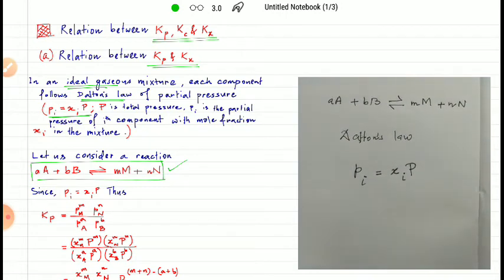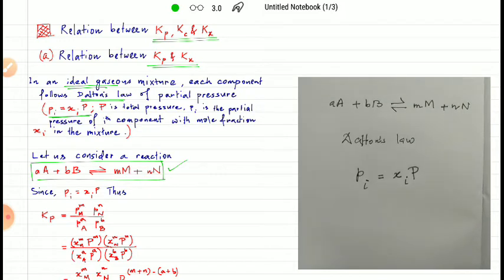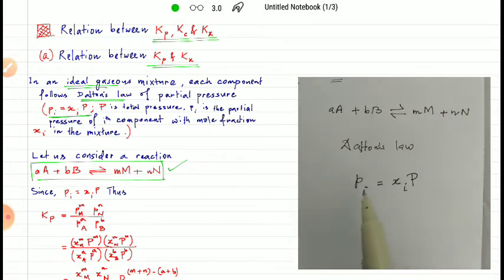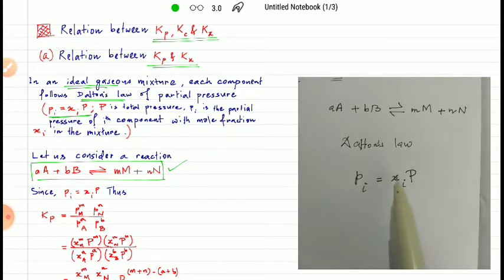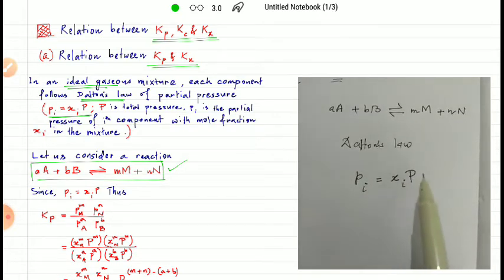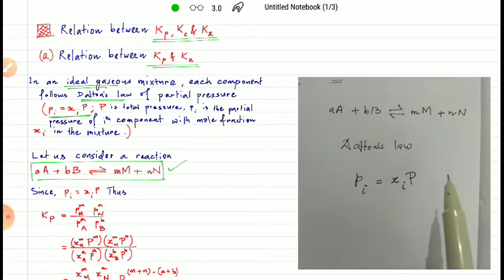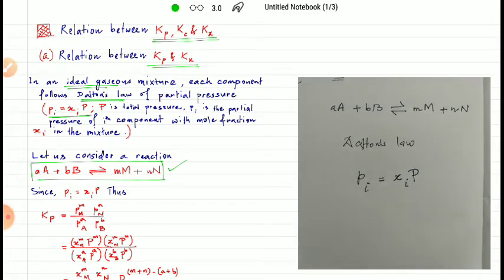Okay, so if many gases are inside the chamber, then the partial pressure exerted by a component i is the mole fraction of that particular component multiplied by the total pressure exerted by all the gases on the wall of the chamber.